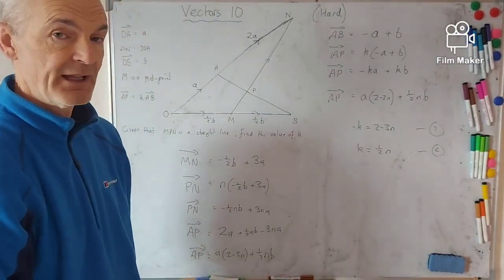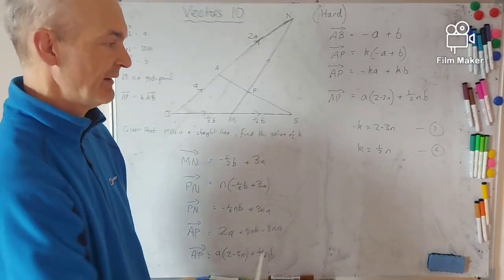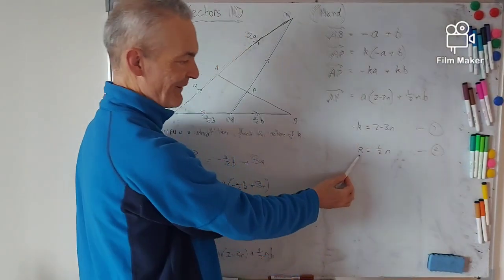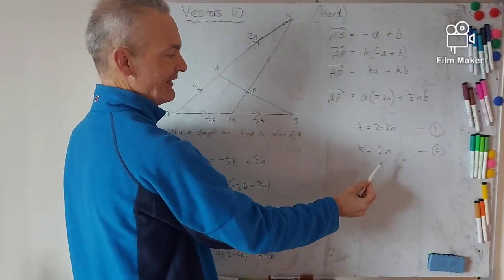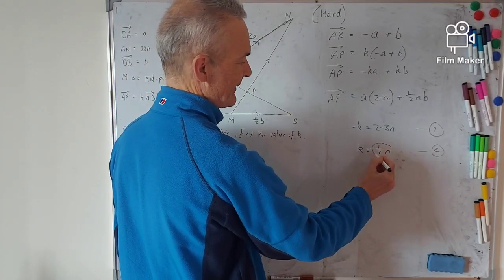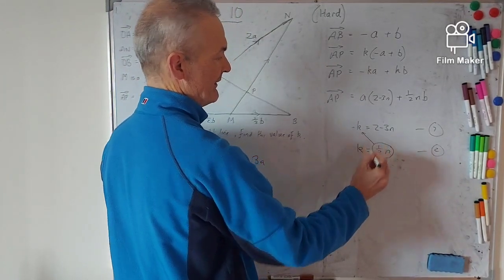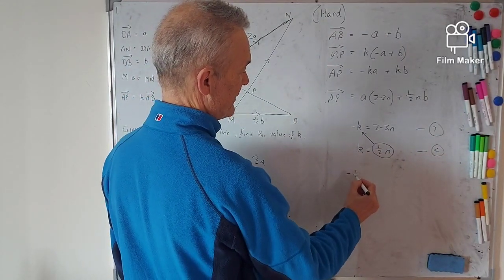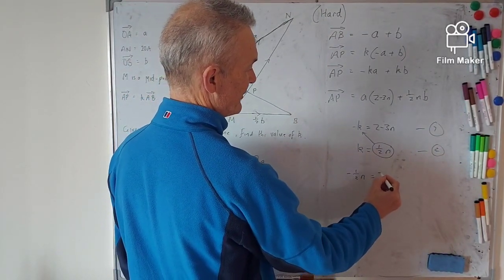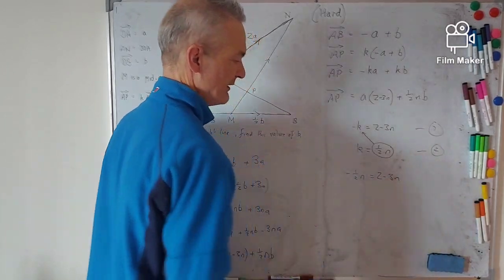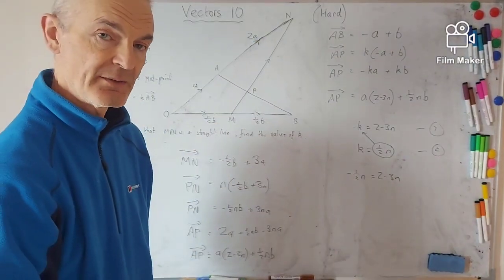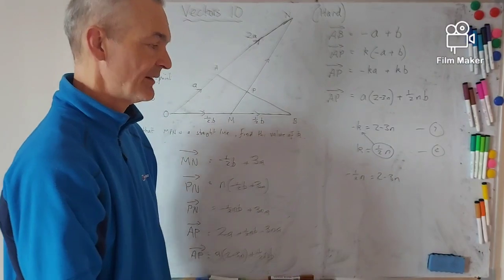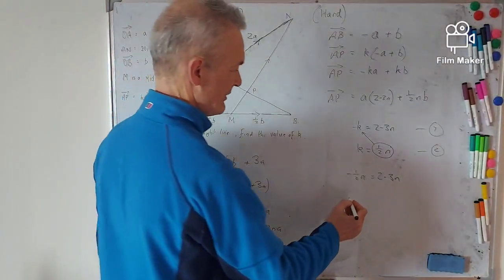So what we can do here is work out one and substitute into the other. So this one, we've already got K equals something here. So we can just substitute this into there. So we're going to get minus half n equals 2 minus 3n. And then we can solve this because we've only got one unknown here. So I'm going to add 3n to both sides.